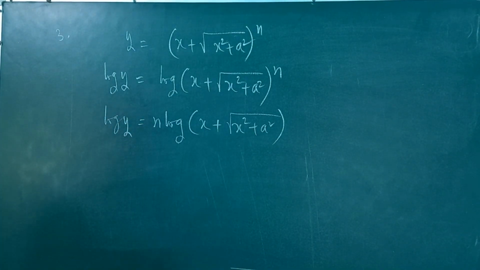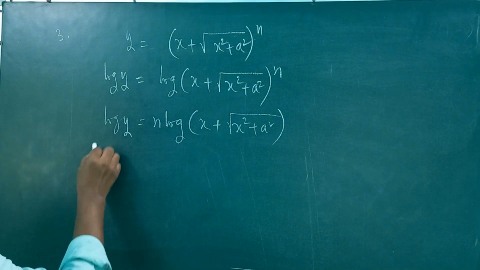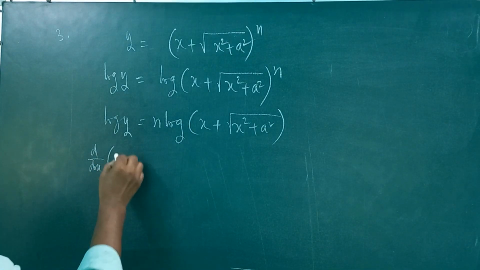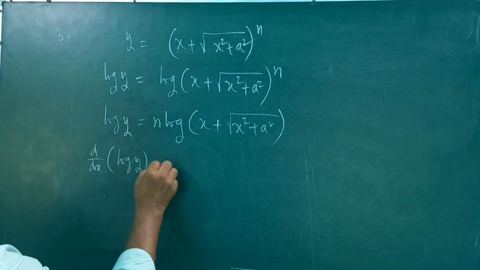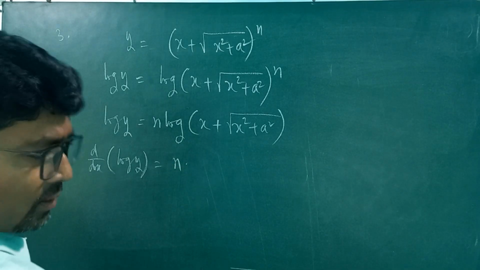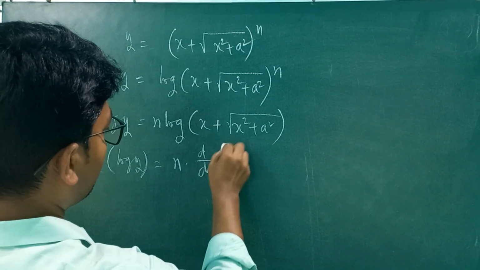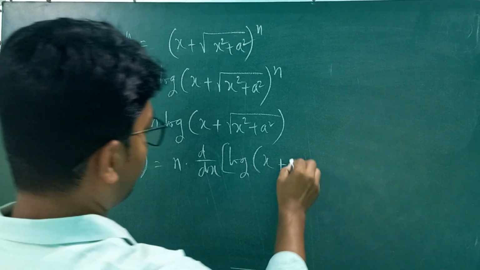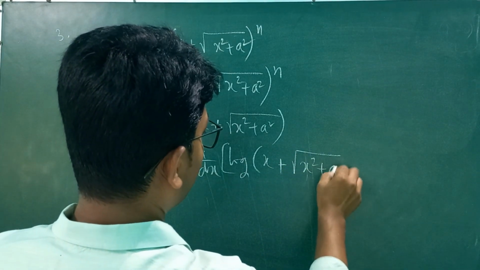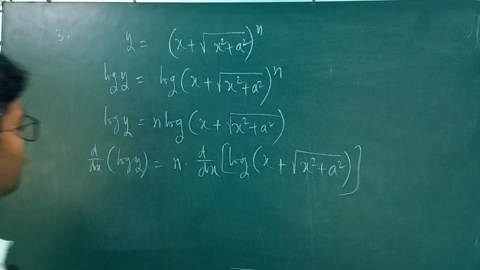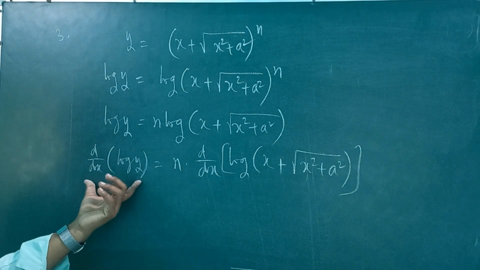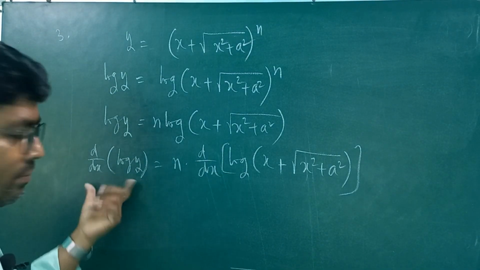Now I will take the derivative on both sides. d/dx of log y equal to, this n is constant, d/dx of log of x plus root over x square plus a square. Now what will be the derivative on the left side?